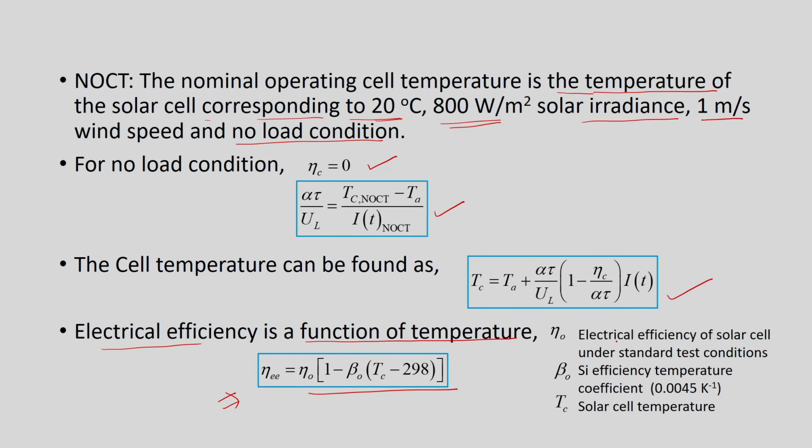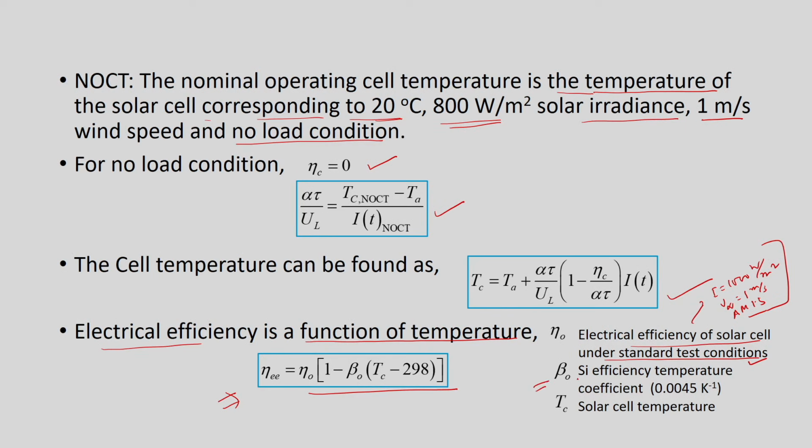So eta naught is the electrical efficiency of the solar cell under standard test condition. So what is the standard test condition? The solar radiation has to be 1000 watt per meter square, the wind speed is 1 meter per second, okay, and AM 1.5. Okay. These are the minimum requirements for the standard test condition.